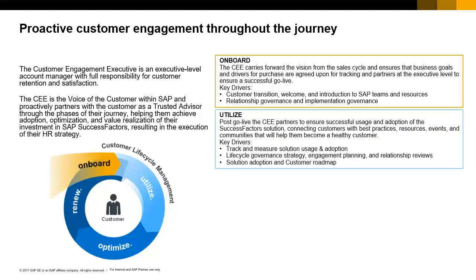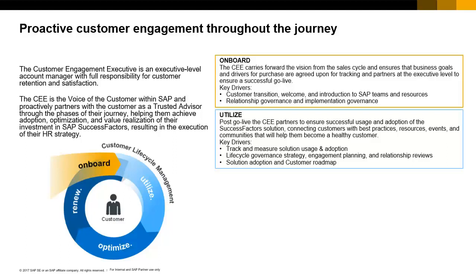Utilize. Post-go-live, the CE partners to ensure successful usage and adoption of the SuccessFactors solution. In the utilize, or sometimes referred to as adoption phase, the CE helps connect customers with the best practices, resources, events, and communities that will help them to become a healthy customer.